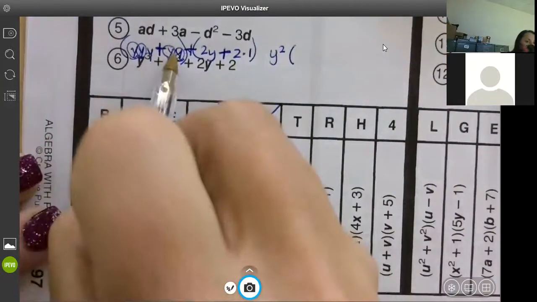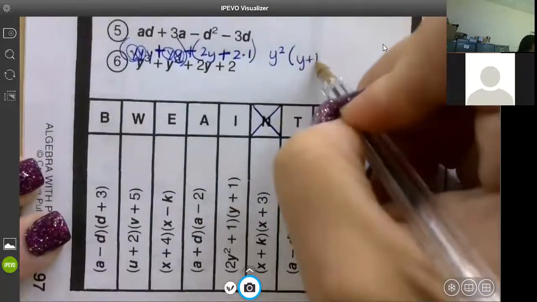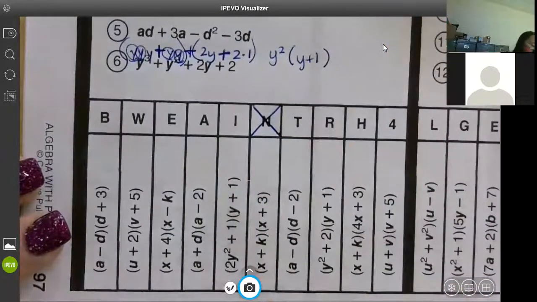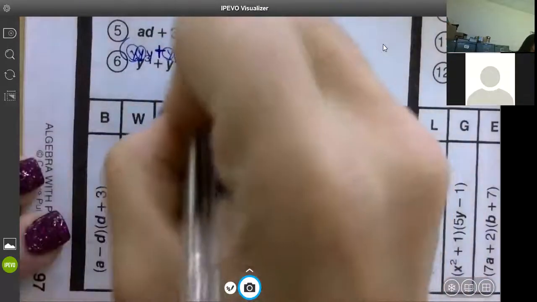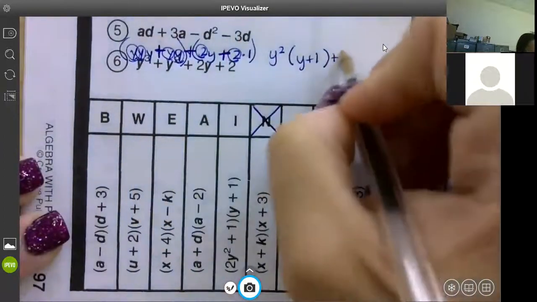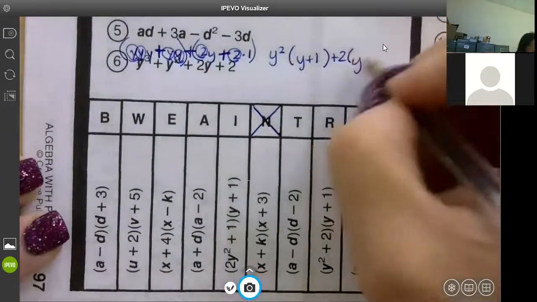Read what we have left over. Y plus, what happens when we circle everything? What do we have left? 1. In the second one, we have a 2y plus 2y. What's in common? 2. So we pull out a positive 2, which means we left, read it, y plus 1.